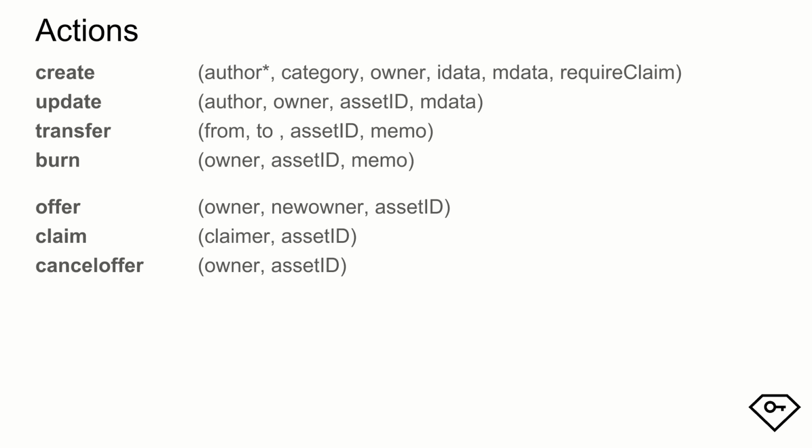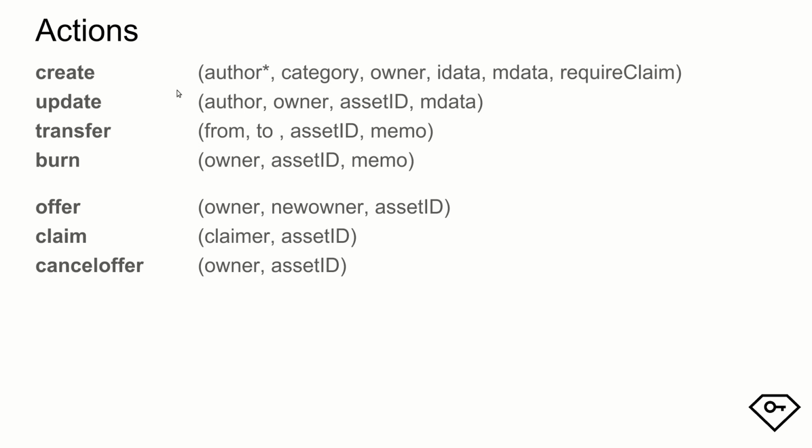Now, these actions, offer, claim, and cancel offer, we introduced them because of a memory issue. So if all you do is use the transfer function, the ownership becomes somebody else's, but the person doing the transfer spends the RAM or pays for the RAM. So for example, if I transfer an asset to you, I pay for the RAM.